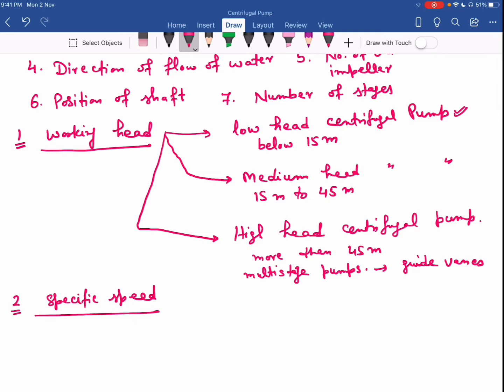Okay. So just like the turbines, we can also classify the pumps on the basis of specific speed.